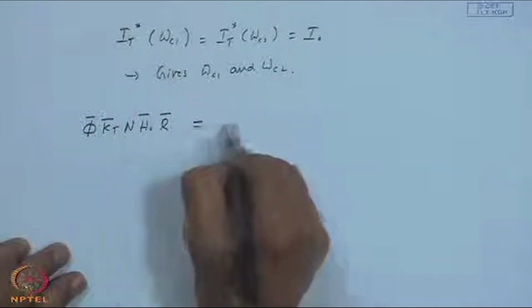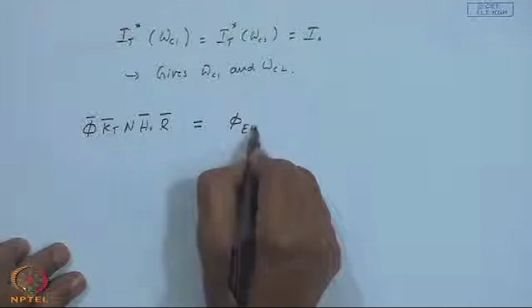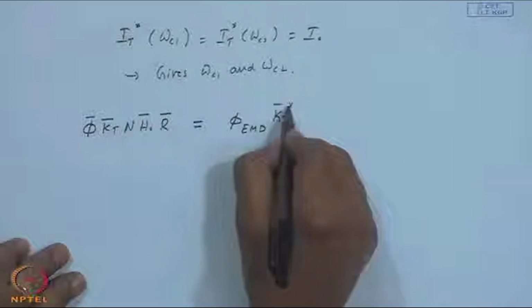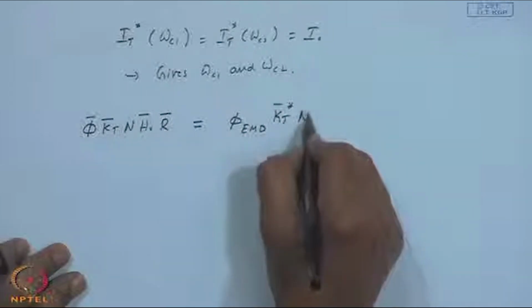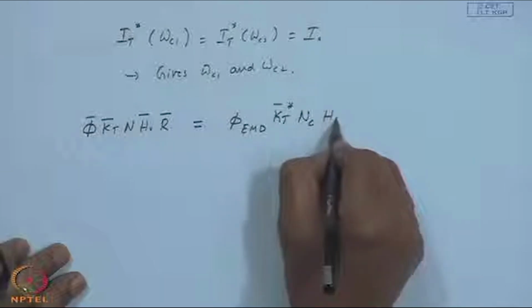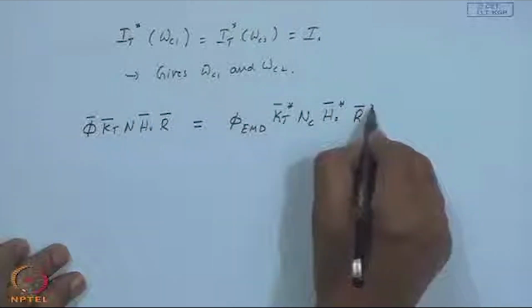That should be the same as, by a simple energy balance, phi EMD times KT bar star times NC, the number of days above the critical level, times H 0 bar star R bar star.